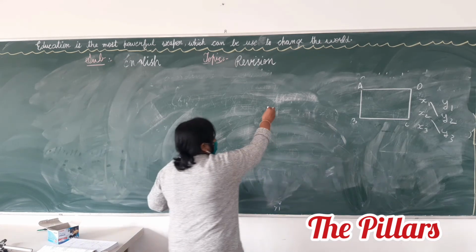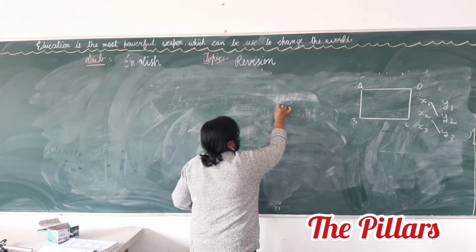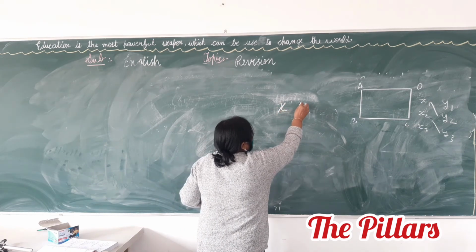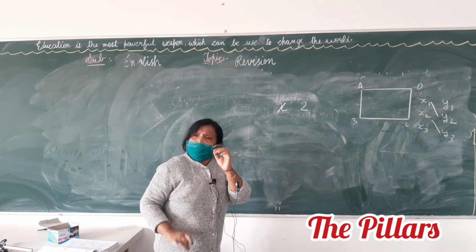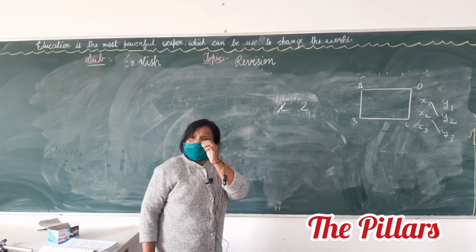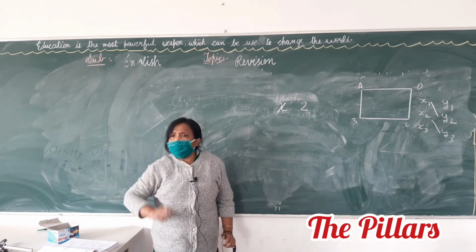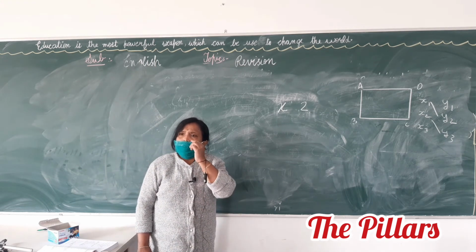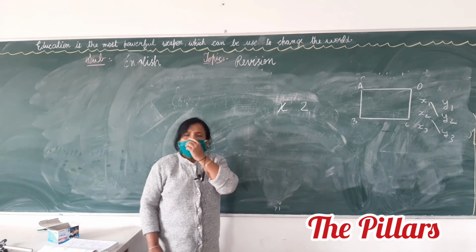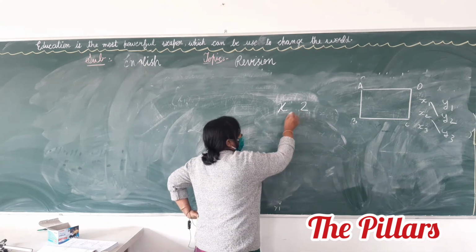What is the first point? Tell me. X? Why don't you open your mouth and tell me, children? This also you don't know. What is the point? Tell me, Suvarna. What are the 3 points given to you? Stand up and read. X comma 2. What is the other point?